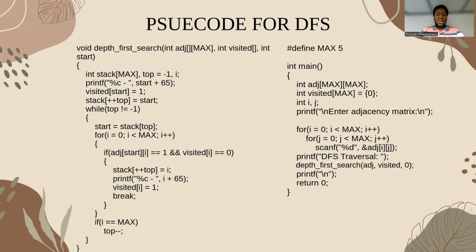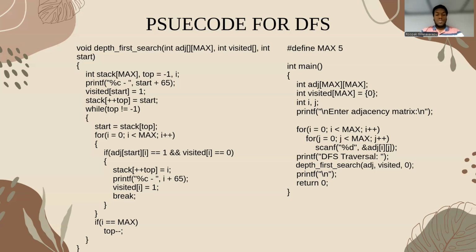Then the line stack[++top] = i increments the top pointer and pushes the new node onto the stack. The next line printf %c, i + 65 prints the newly visited node. After printing, visited[i] = 1 marks the node as visited, and the break statement forces DFS to immediately go deeper instead of checking other nodes.